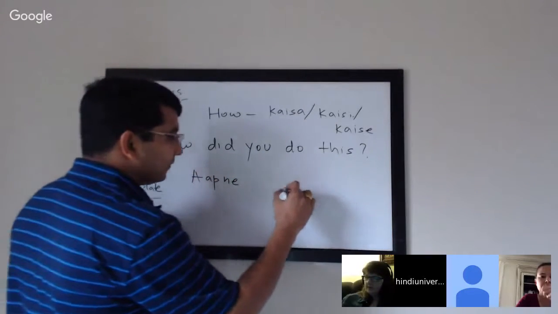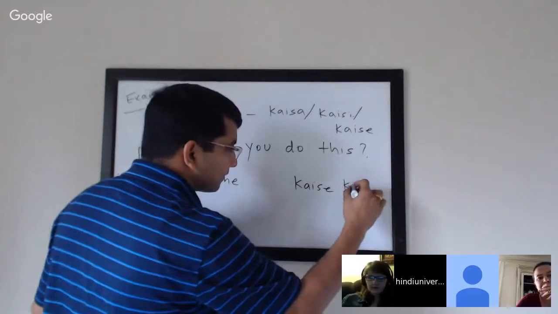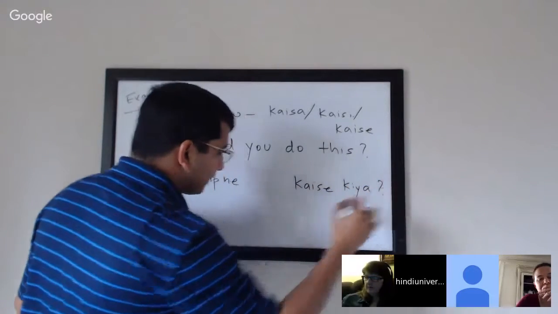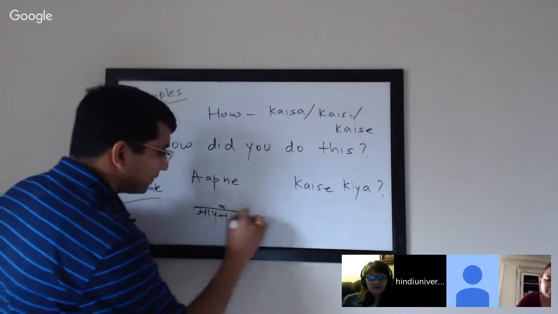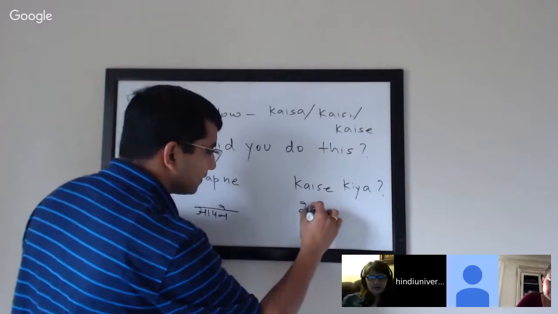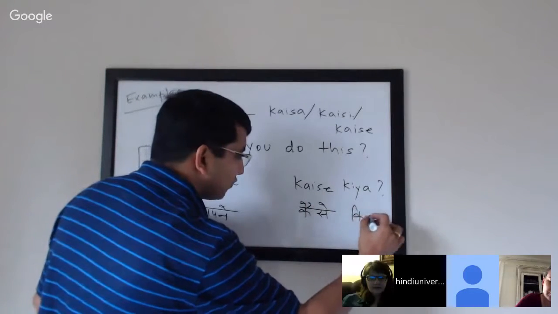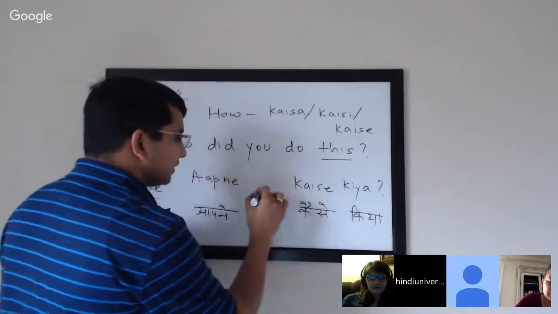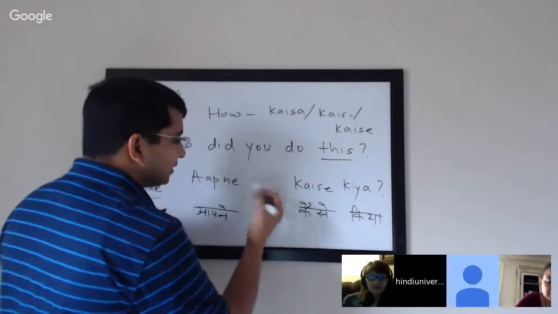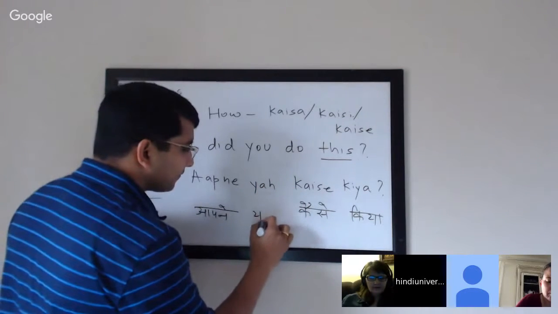So you'll be saying आपने कैसे किया, which is absolutely correct. But if you want to give emphasis about something, about this, आपने ऐसे कैसे किया, and in this case you can say आपने यह कैसे किया.